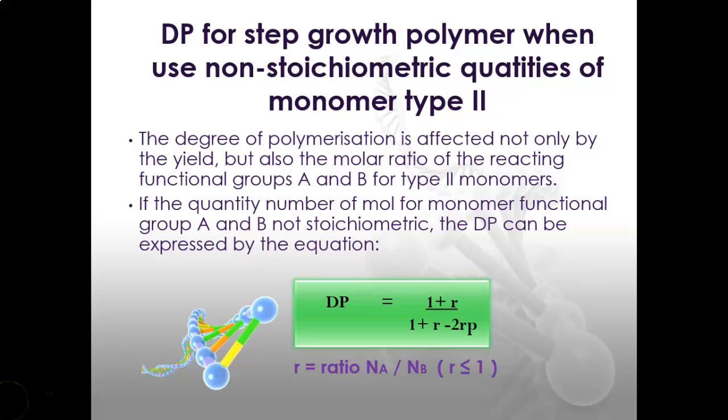So this is the stoichiometric imbalance, denoted by r, which is the measure of the stoichiometric imbalance.